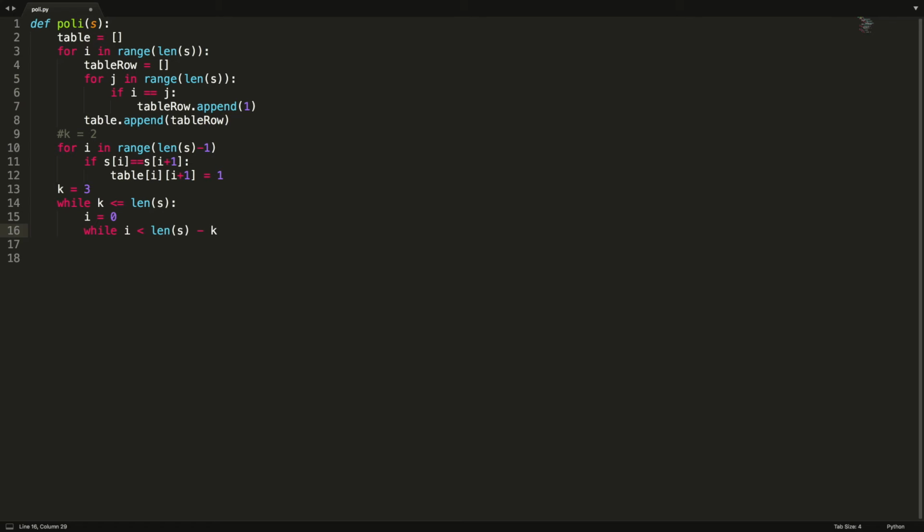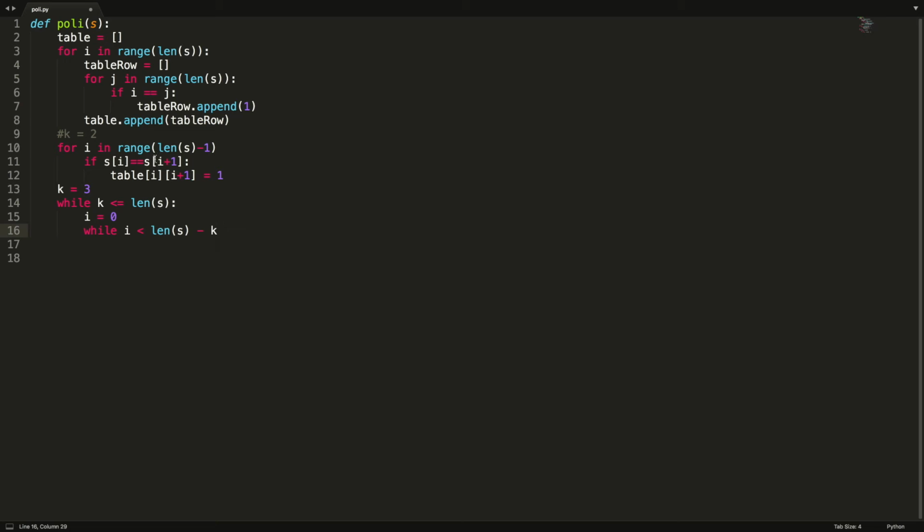Do we need to minus k? Yes, because of the last one of the substring. Just like here this is i plus 1, and here we need i plus k.